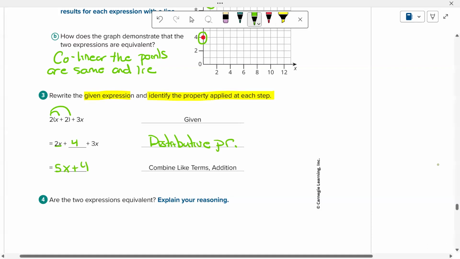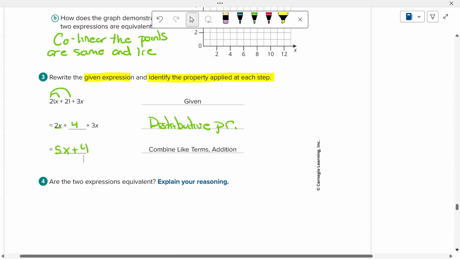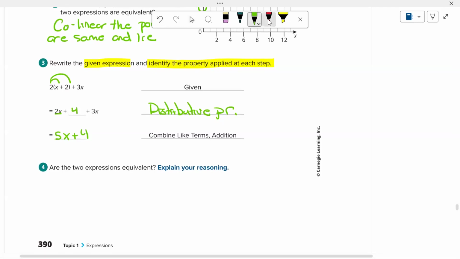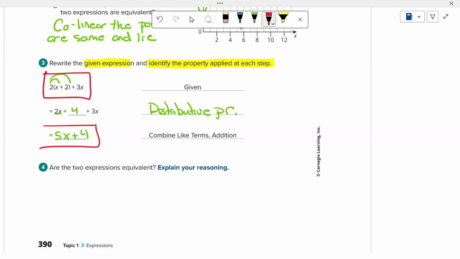So for the next one, are the two expressions equivalent? They're asking you specifically, is 2x plus 2 plus 3x equal to 5x plus 4? And explain your reasoning. It's absolutely evident they're the same.